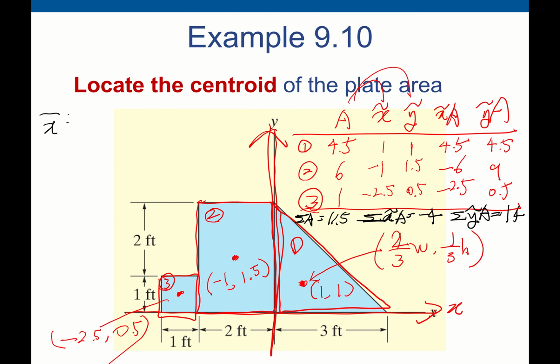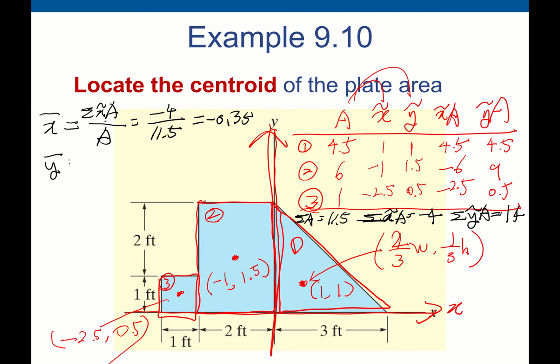X bar is sigma x tilde A over sigma A, which is minus 4 over 11.5, that is minus 0.35.